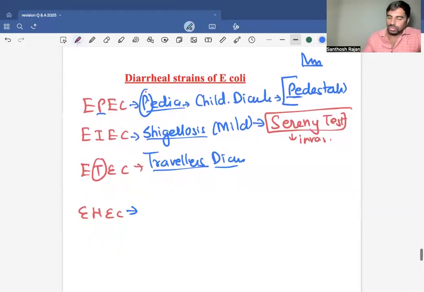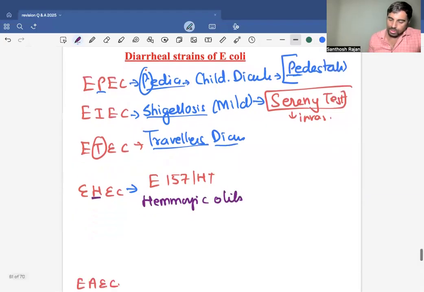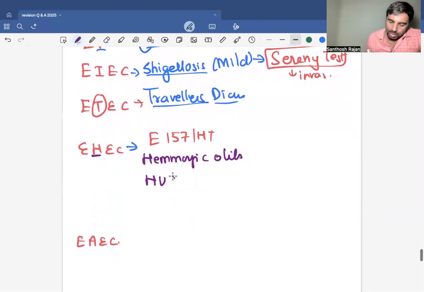Enterohemorrhagic is the one which is very dangerous, especially O157:H7. The important thing is that it causes hemorrhagic colitis. Everything is about H: hemorrhagic colitis. And it also causes HUS, hemolytic uremic syndrome, very important. This is because of the Shiga toxin or Shiga-like toxin.